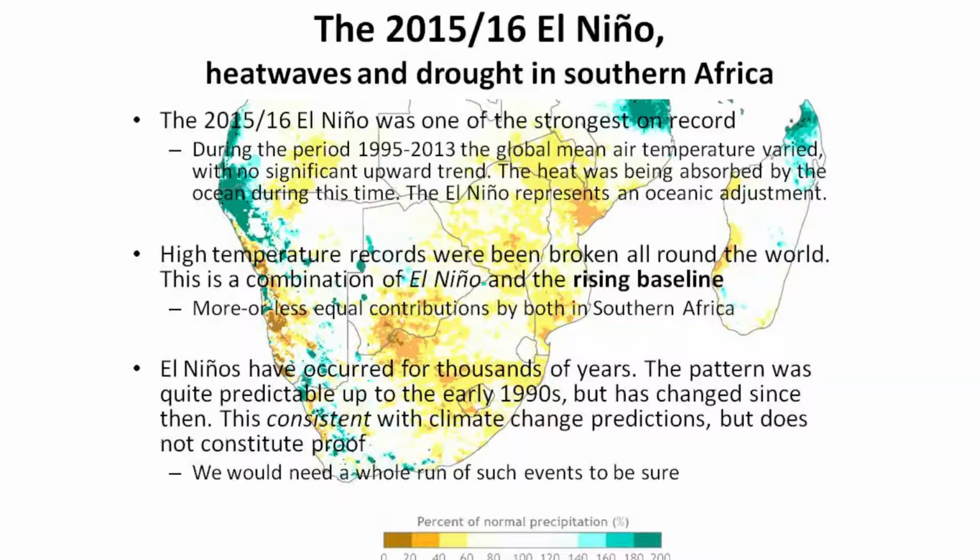The other event which is sort of fresh in people's mind is the 2-year drought event that we've just emerged from, which was associated with an El Nino 2015 to 2016. Two big consequences, big failures in agriculture. Any of you who've been to the supermarket recently and tried to buy meat will find it's costing you twice as much as it did 2 years ago.